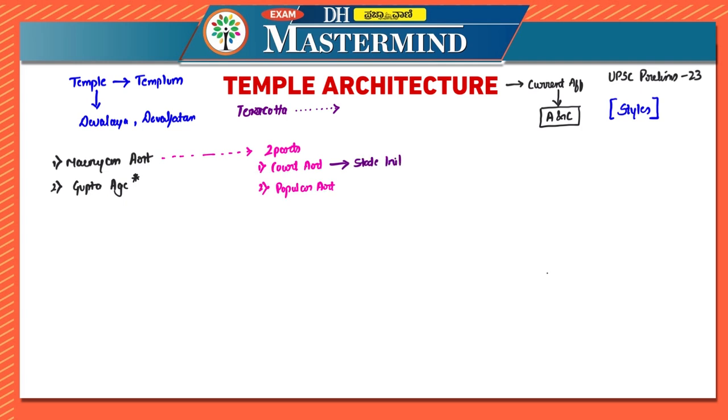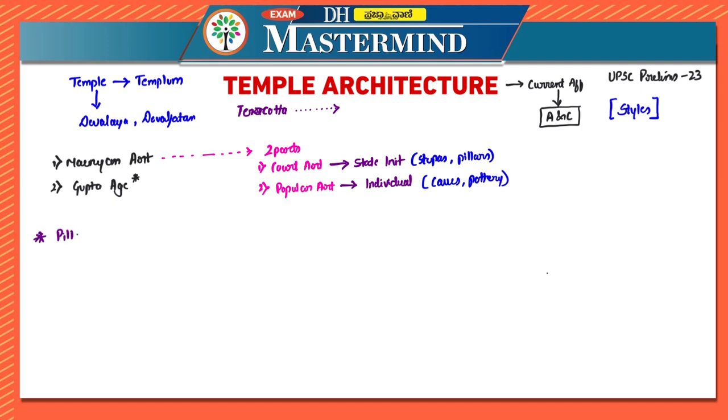It is a state initiative. In case of popular art, it is individual initiative. An example for court art would be stupas and pillars. In case of popular art, they are caves, pottery, sculptures, etc.